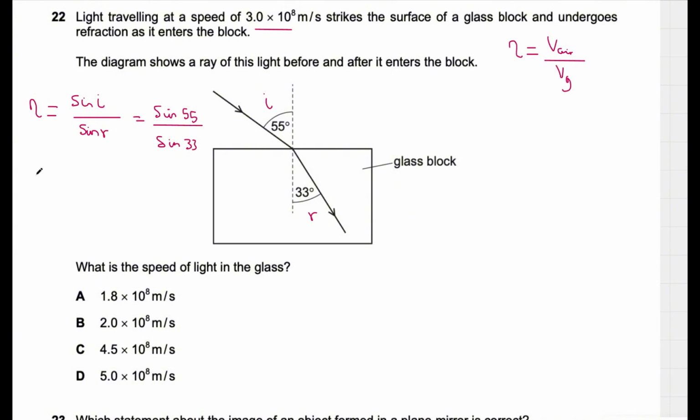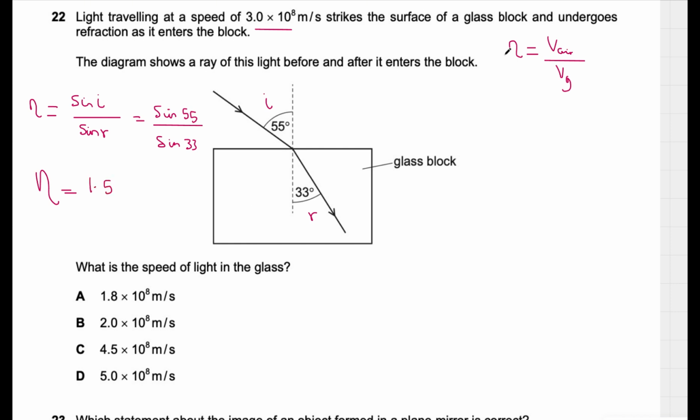Sine 55 divided by sine 33 is going to be 1 point something. We get 1.5, so our refractive index is 1.50.